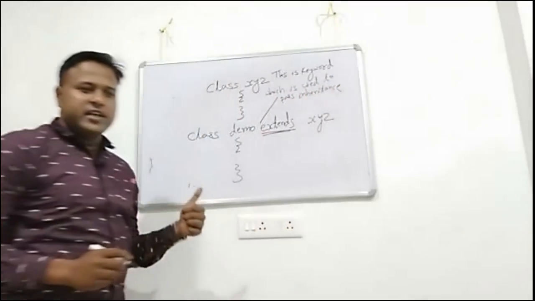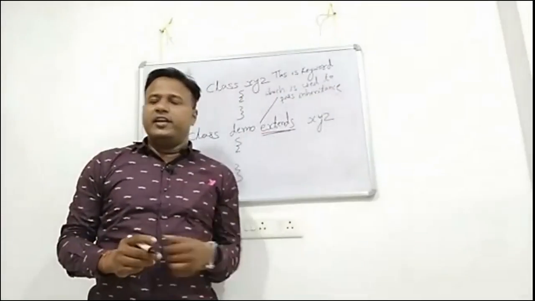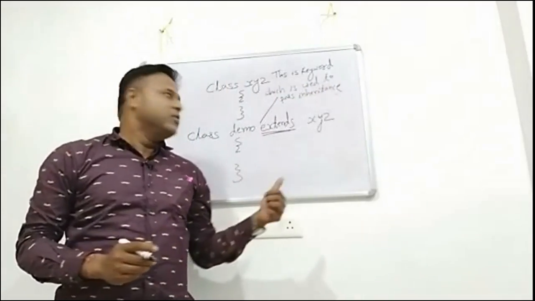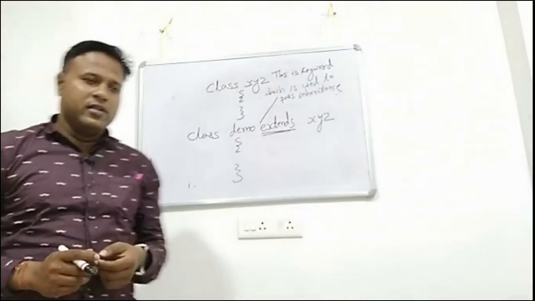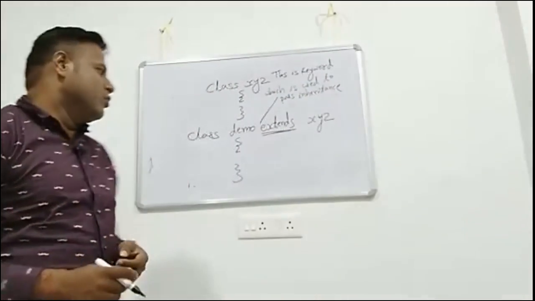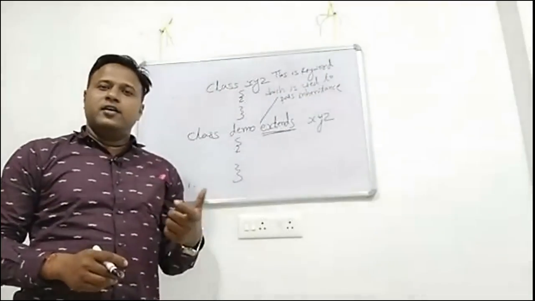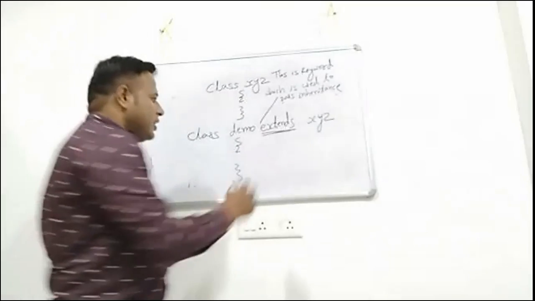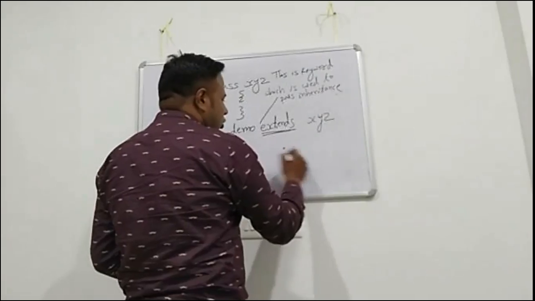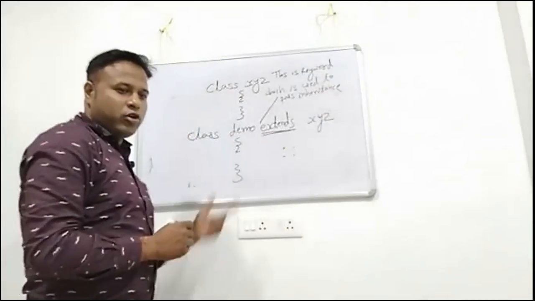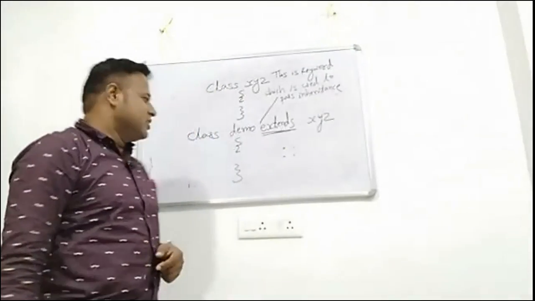So extends is a keyword to pass the inheritance in Java. Okay. Is there any operator to represent inheritance? No, no. In C sharp, you have an operator; I think you are using colon. Okay, colon is used for passing inheritance.